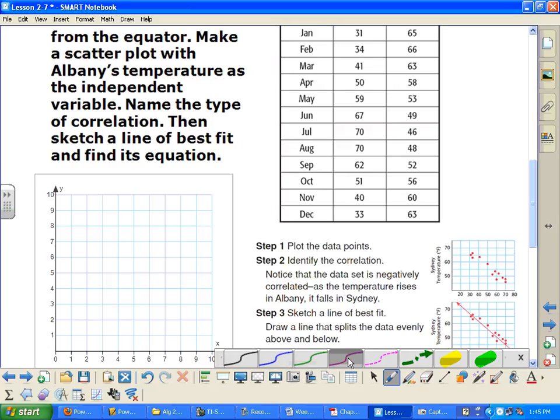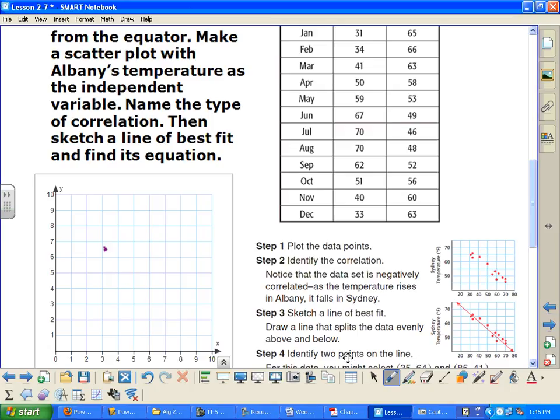We have the point (31, 65). That's going to be about here.